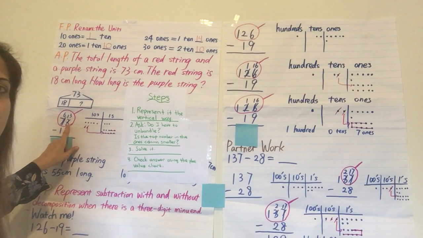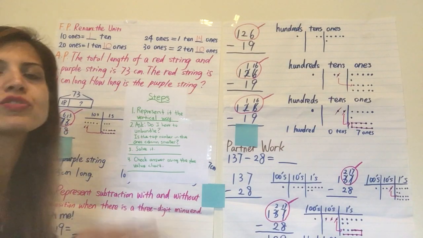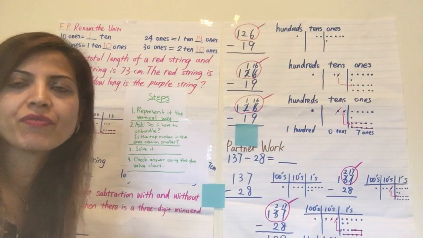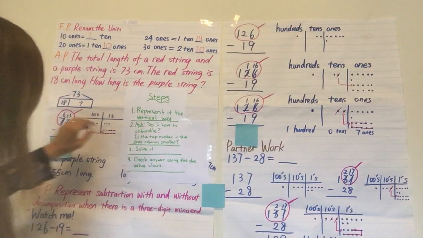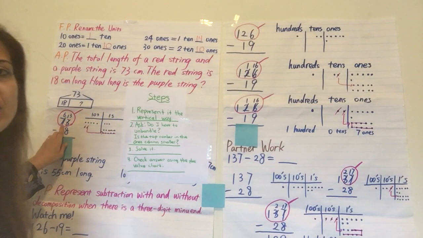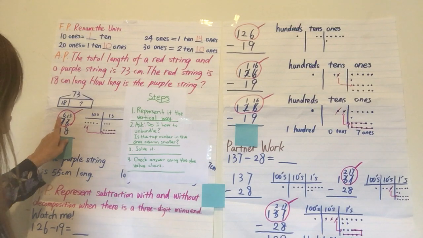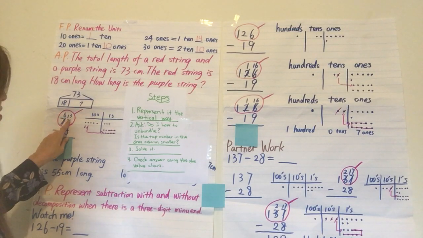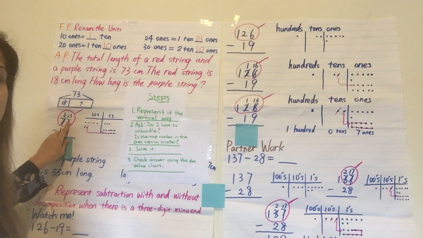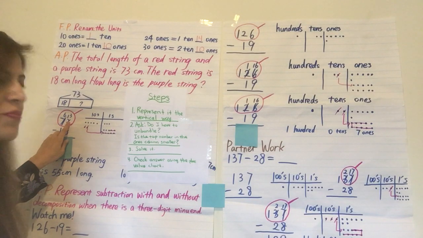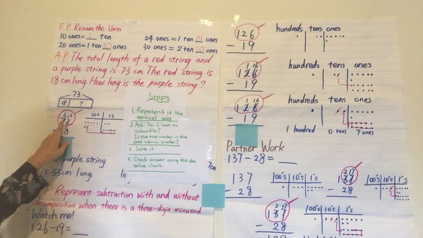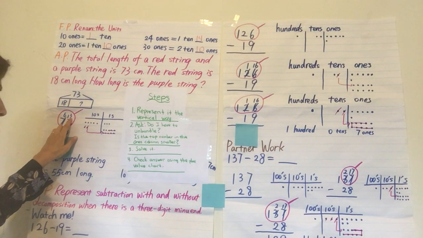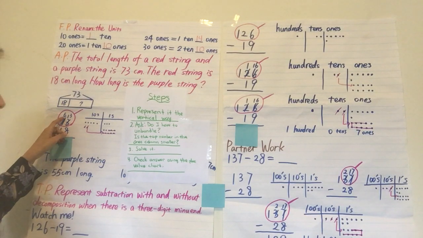Okay, I have to unbundle, right? I have to decompose. I have to break it apart. So I have to break that 7 tens right here, and take 1 ten from there and give it to the 3 ones. If I remove 1 ten from here, this turns into 13 ones, and this turns into 6 tens because I took 1 ten away.